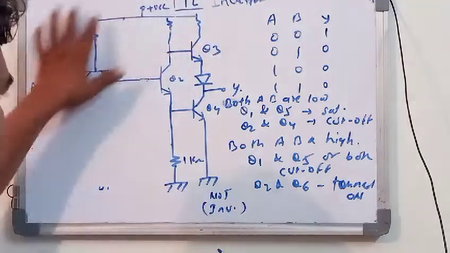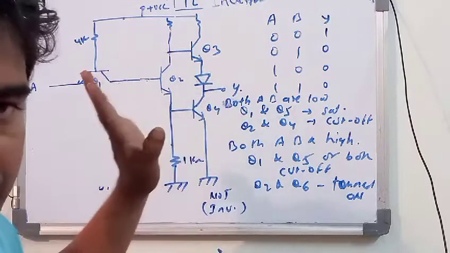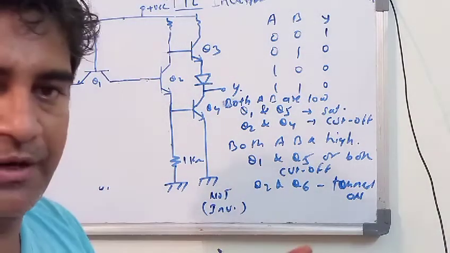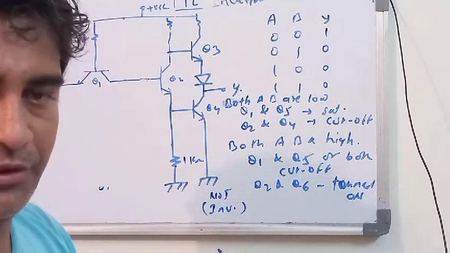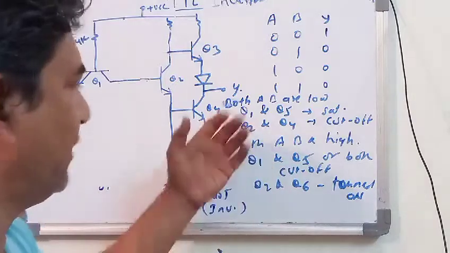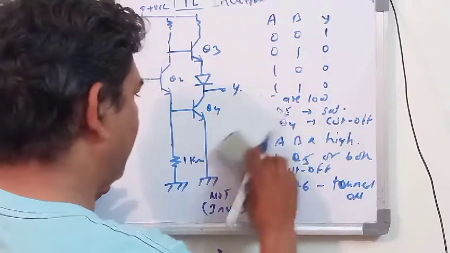So this circuit will be called a TTL inverter. From the previous circuit we are able to design it. Students, only a few techniques are required for designing the circuit.